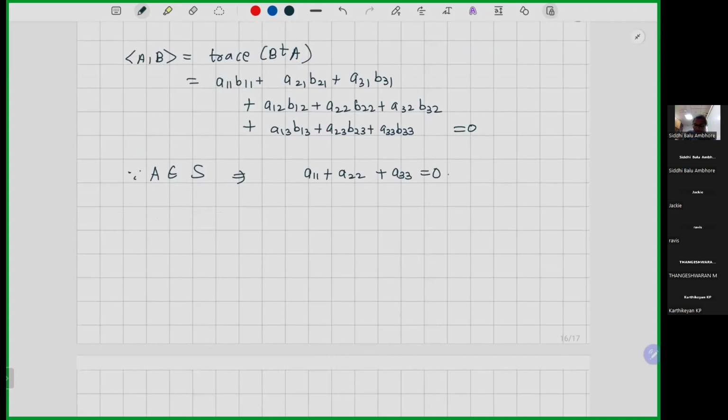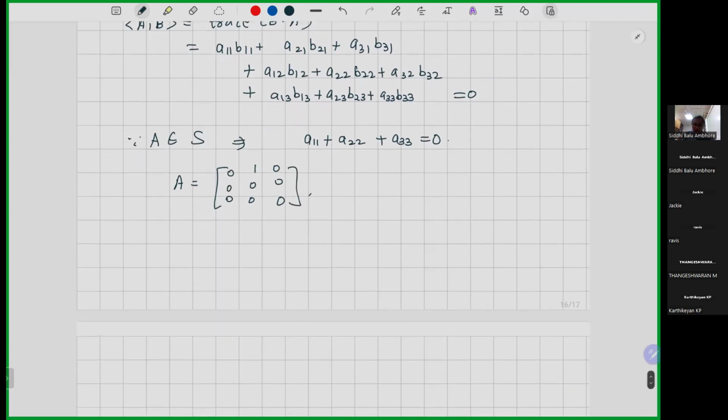If I take element A to be this, 0, 0, 0, 1, and this. Okay. Then for any element B11, B12, B13, B21, B22, B23, B31, B32, B33. I'm just trying to do something.